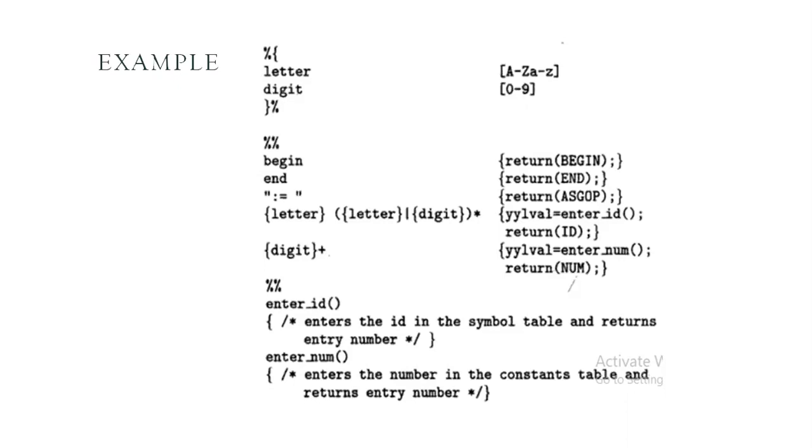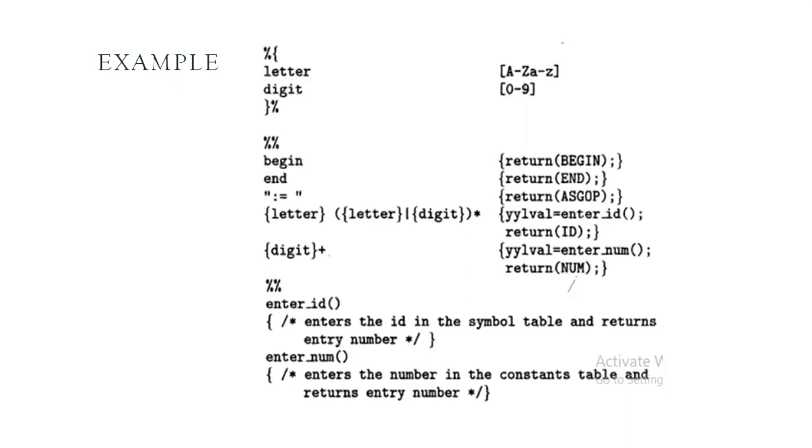After satisfying the string by using the above grammar, we have yylval equal to enter_id, return id. This particular statement is entering the id by using a method named enter_id. Enter_id is the method you can see at the last in the semantic actions. Enter_id enters the id in the symbol table and returns the entry number.